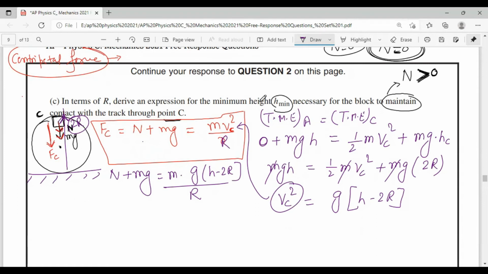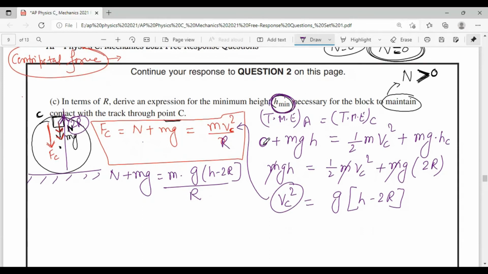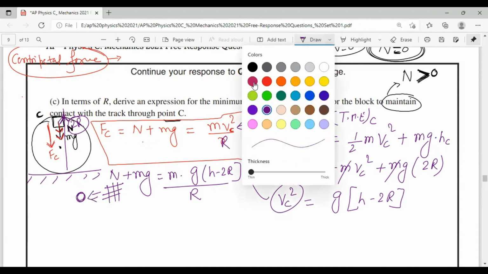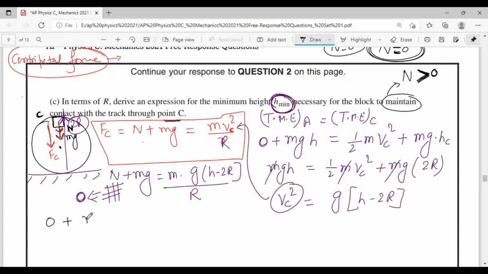For the minimum value of h, or to calculate the minimum height, what we have to do? We have to make this N equal to 0. For the critical case, this N should be equal to 0. So 0 plus mg should be equal to m into g times h minimum minus 2r, upon r.